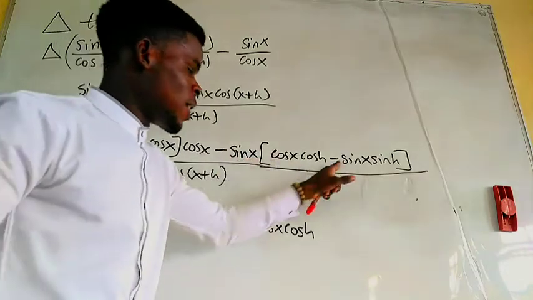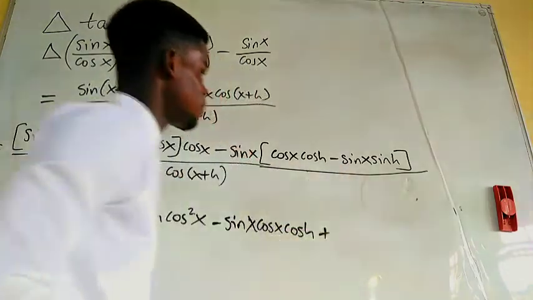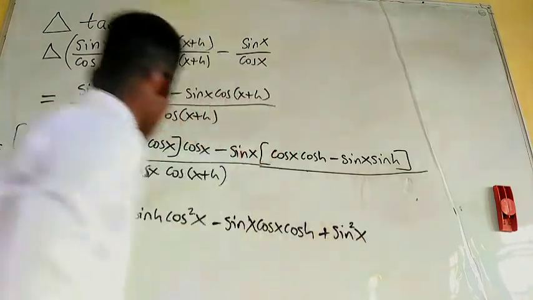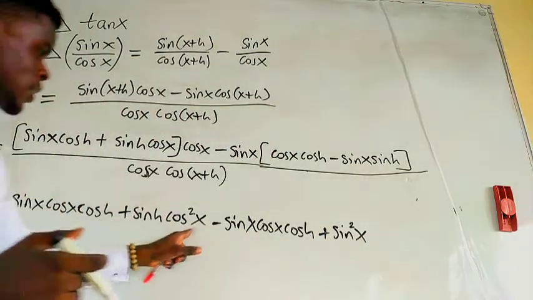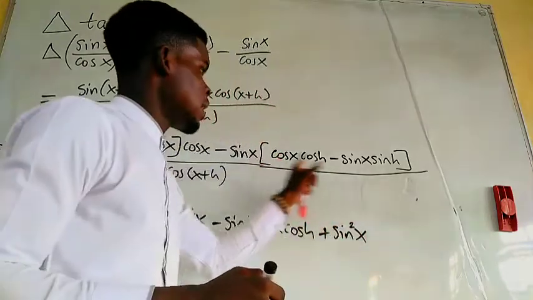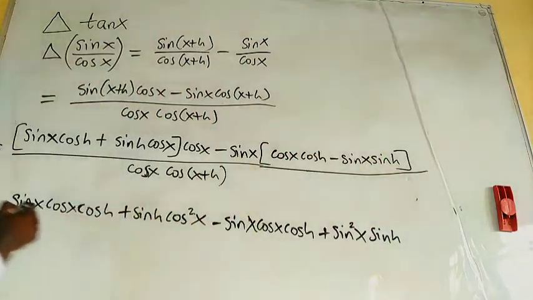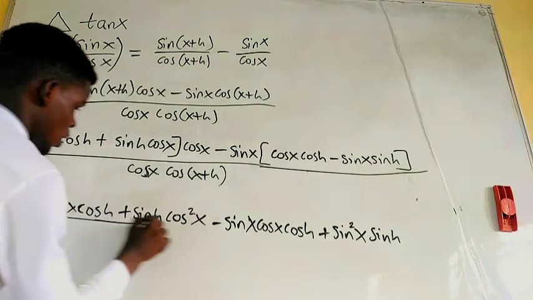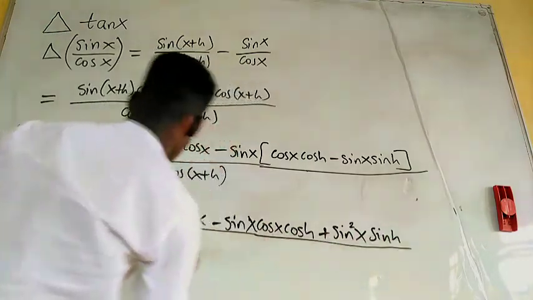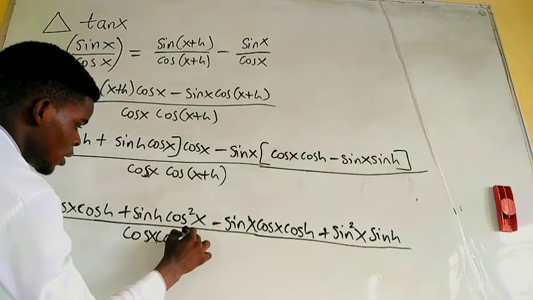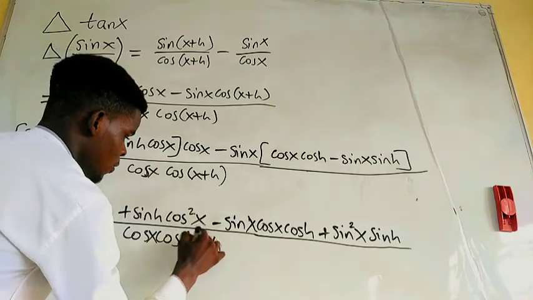This minus and this minus, we're going to have a positive sign. So that is just sine of square x. Yeah, this is cosine square. So this is sine square x and sine of h. In the denominator, we still have it as it was, cosine of x and cosine of x plus h.